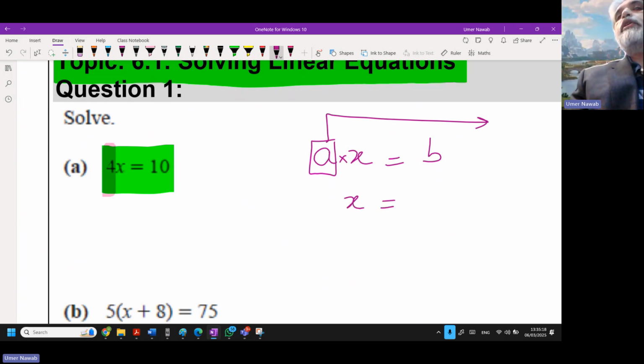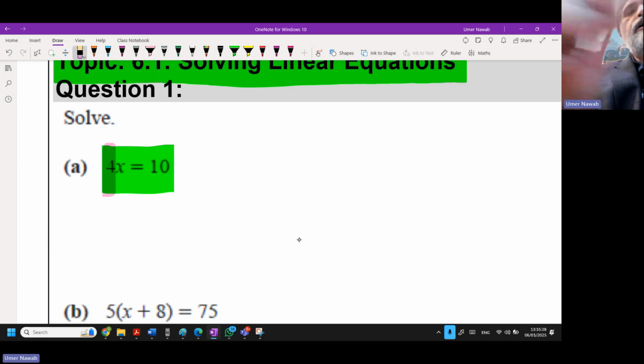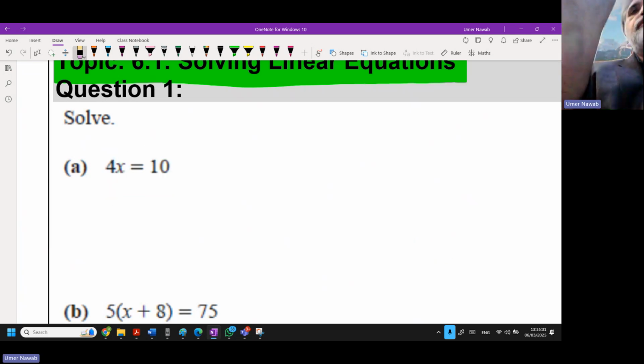So the opposite operation of multiplication is division. So I will write b divided by a, or I will say b over a. So only a one step solution is required in this case.